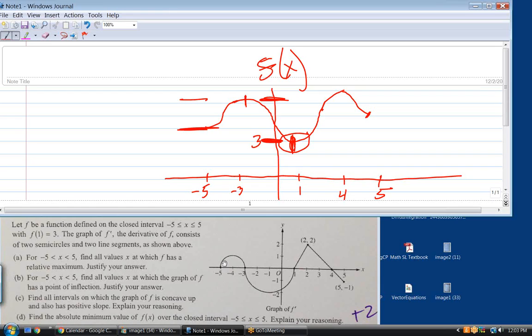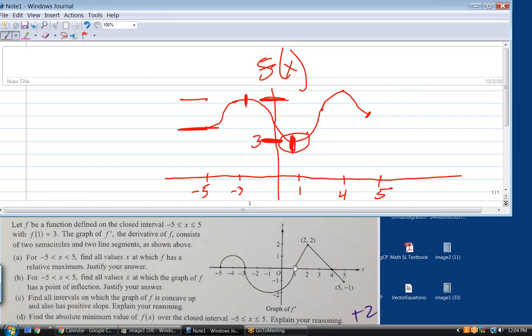How do we know? The area of that semicircle versus the area of this semicircle. This semicircle being much bigger tells you that this function falls a greater amount between -3 and 1 than it rose between -5 and -3.